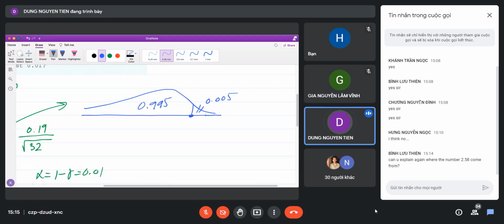You need to determine this point. The area to the left is 0.995, and you may want to have a look at the table. Just give me a minute.